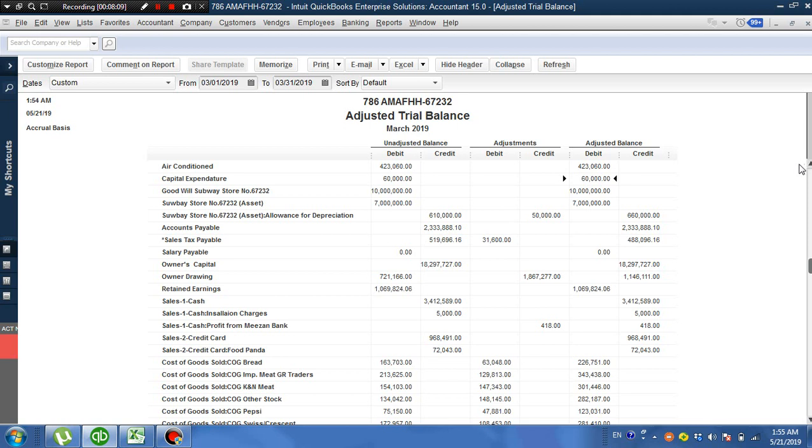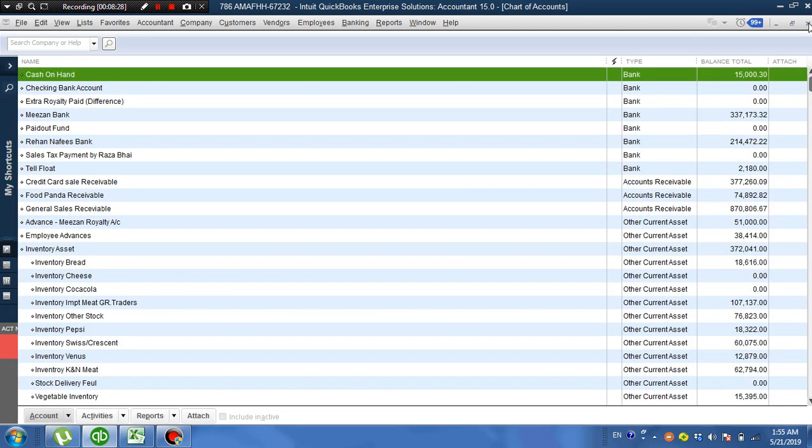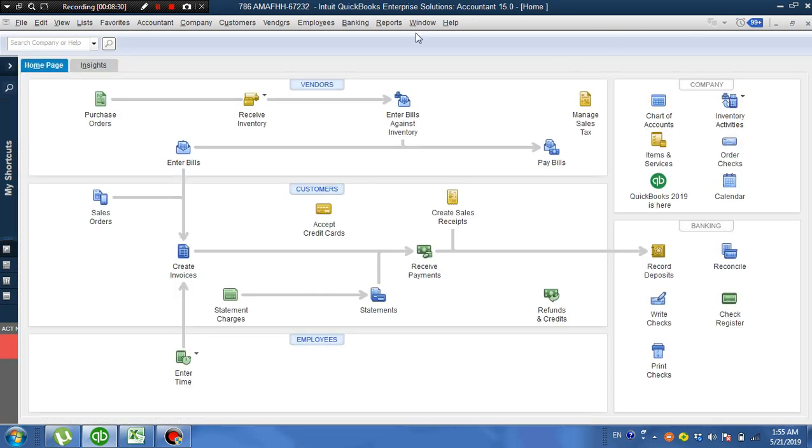For example, the assets, the owner equity and the liabilities are going to the balance sheet. The income and the expenses are displayed in the income statement. I hope you guys understand this.